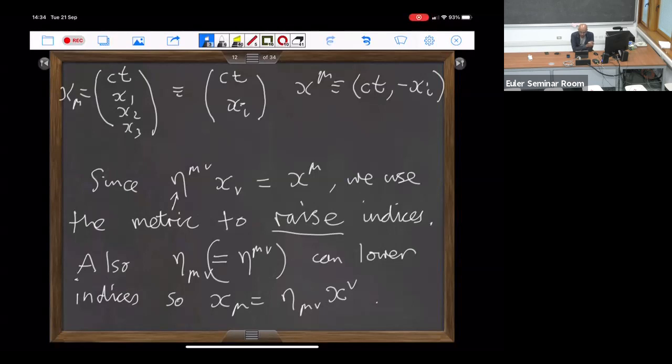So you can do the inverse operation. Usually the transpose is dropped from this expression, but it's implicitly understood that x upper mu is a row vector.